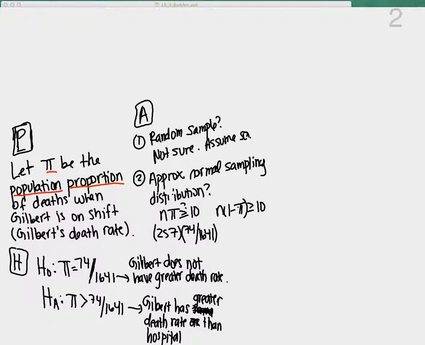Can somebody tell me what that is? Let me rephrase that. Everybody get out your calculator, please, because you're going to need it anyway. 11.59. 11.59, thank you. Then we're going to have to do 257 times 1 minus 74 out of 1,641.